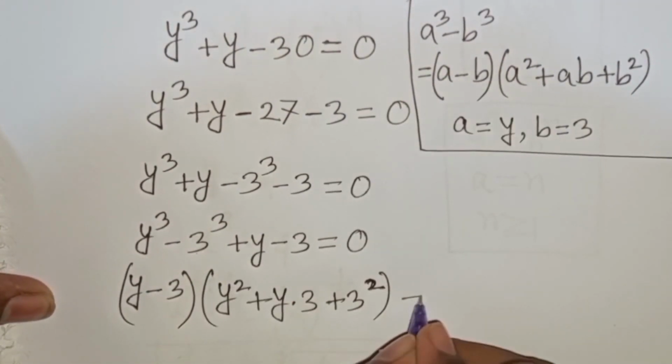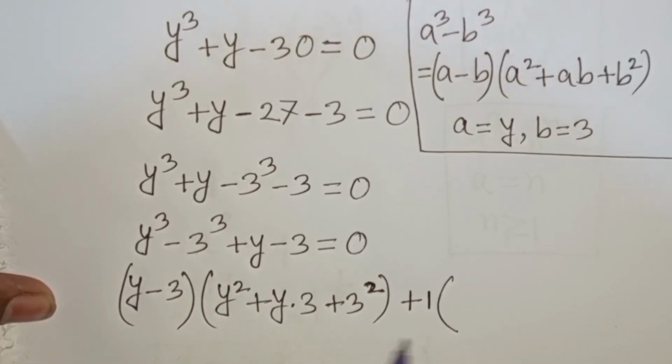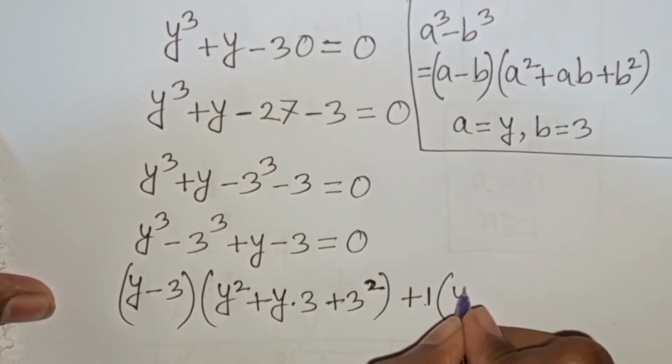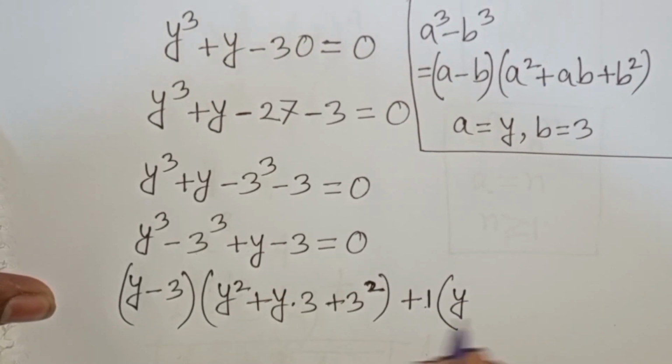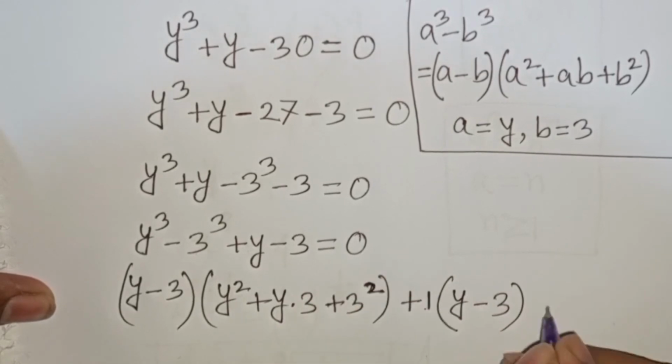Then plus, here we take common, plus 1 is common, so plus 1 is out of the bracket, so y minus 3 divided by plus 1 will be minus 3, then bracket close is equal to 0.